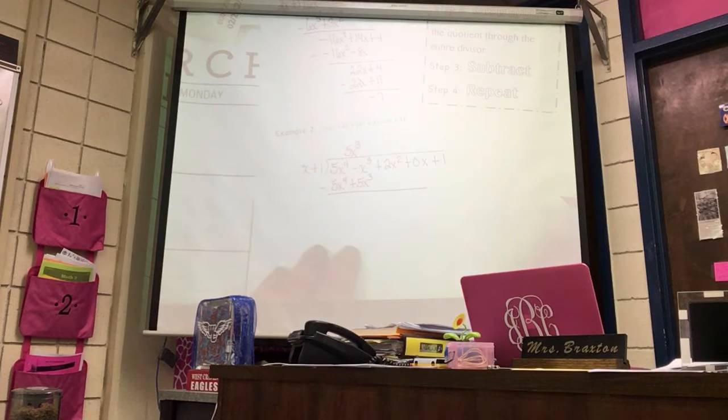And I subtract. So negative 6x cubed plus 2x squared. Then I take the first one. Negative 6x cubed divided by x is negative 6x squared.